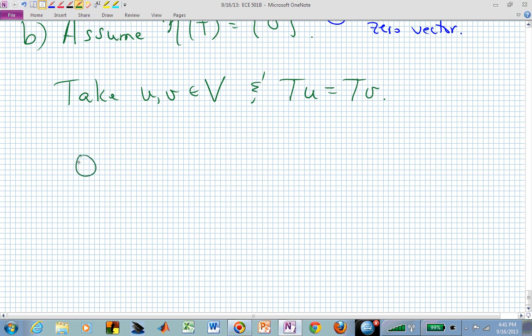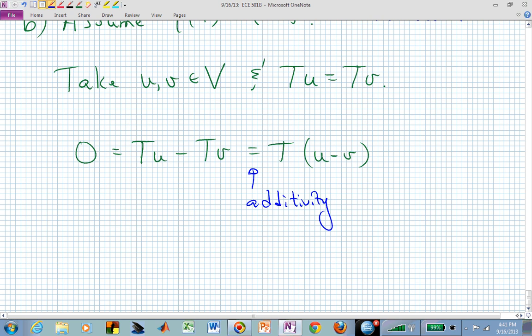Then 0, by the additivity of our linear operator, can be formed by TU minus TV if TU equals TV. But this now, again using the linearity property of our operator, says that that's equal to T operating on U minus V. Well, now if we look at what we've just derived, we have T of U minus V actually equaling the 0 vector.